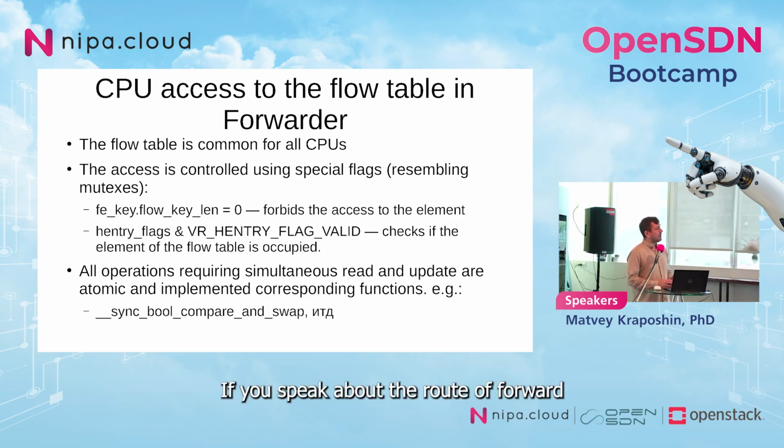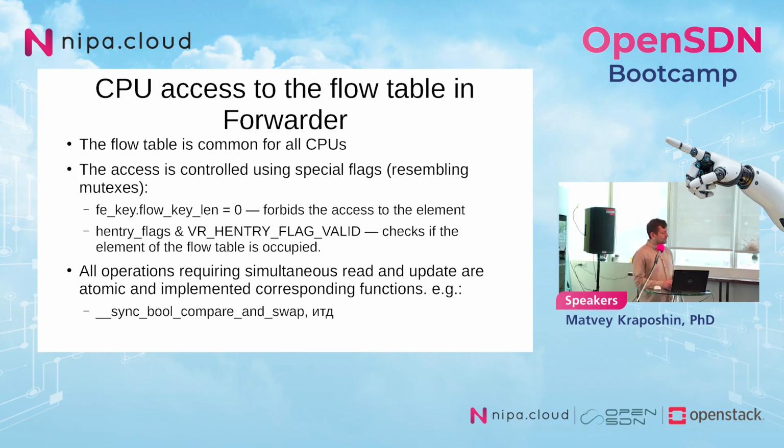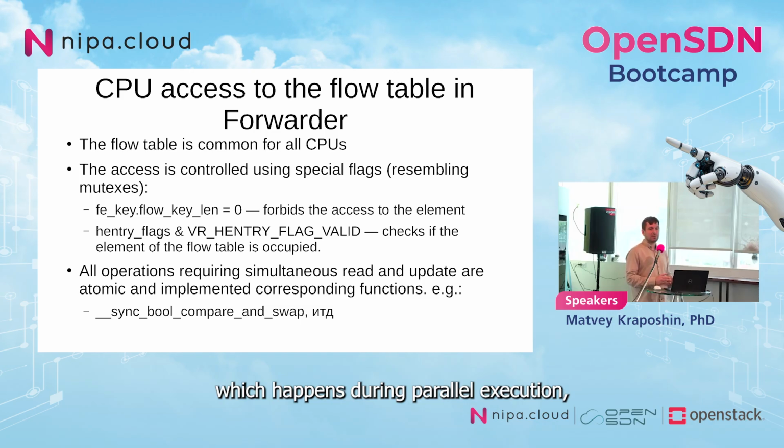If we speak about the router forwarder, access to its elements and prevention of data race or other unwanted situations which happen during parallel execution is done by atomic flags.